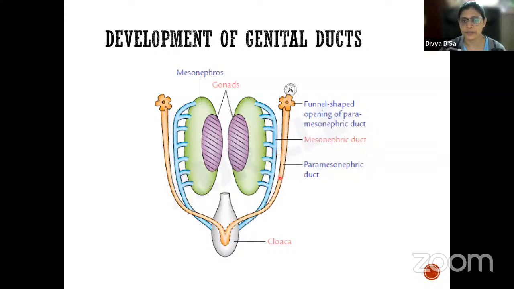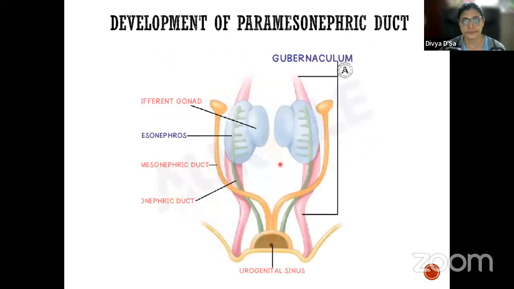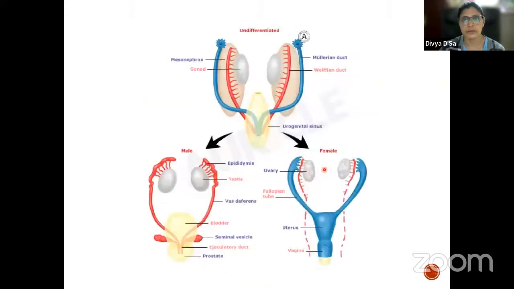That is why it's called paramesonephric. This is the initial, undifferentiated stage. Based on the presence of the SRY gene and testis determining factor, the differentiation progresses in the direction of either male or female.